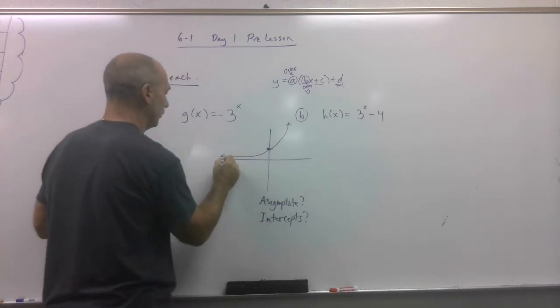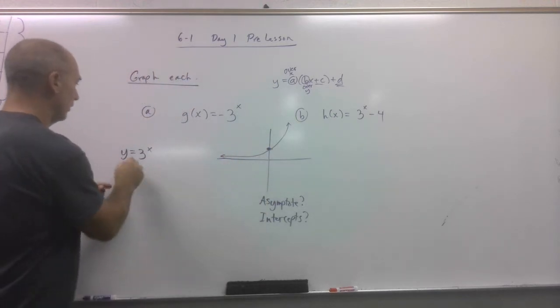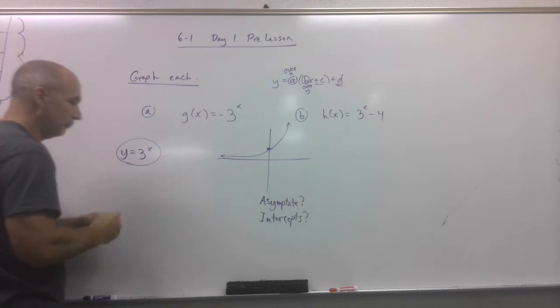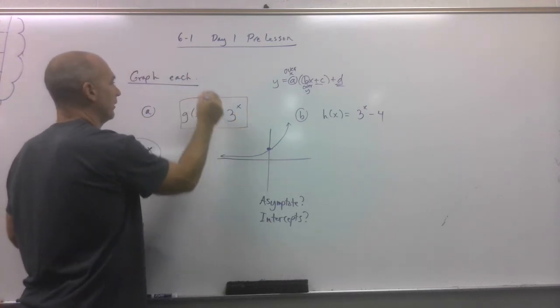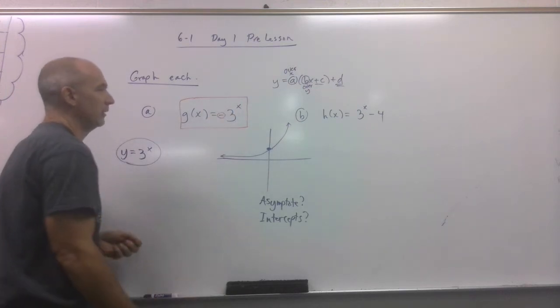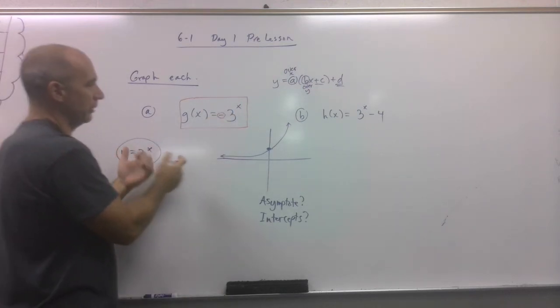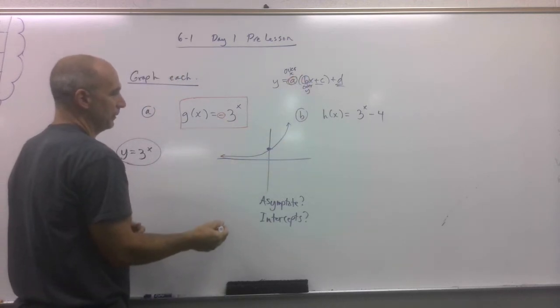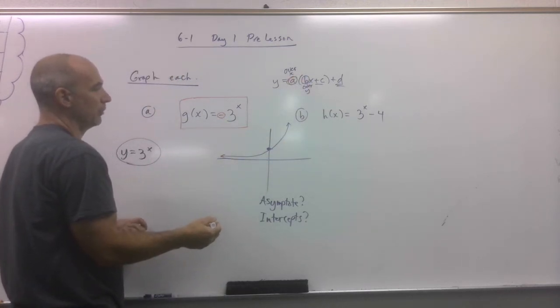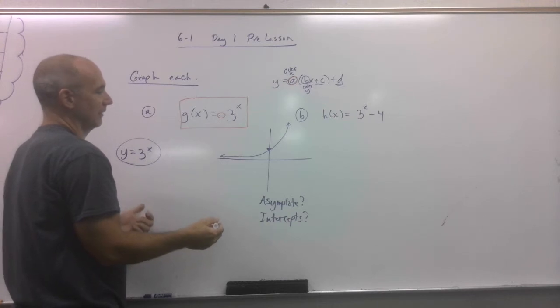They all do. So this is my purple one. I'm going to make this one red based on the change. The only change is there's a negative out in the front. Well, that's my a, and if that's negative, it's going to flip it right over the x-axis.